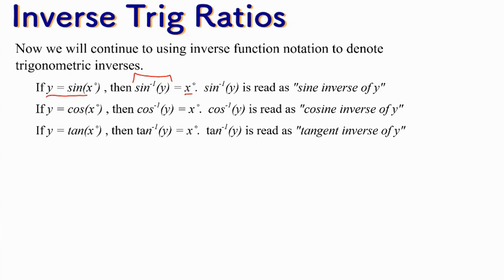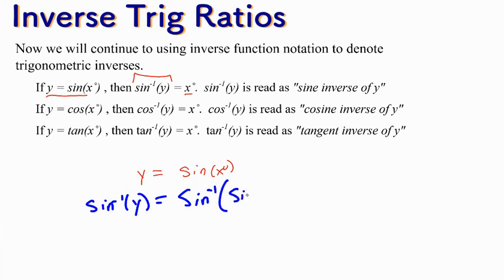So how do we get this? Well, with everything in mathematics, anything we do to one side of an equation, we have to do the exact same thing to the other side. So if I start with y equals sine of x degrees, I can say let's take sine inverse of the left side of the equation and sine inverse of the right side of the equation.